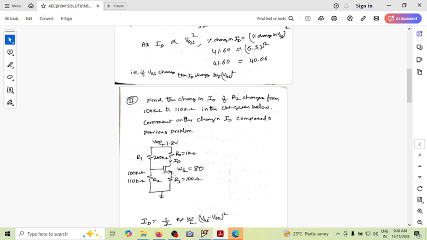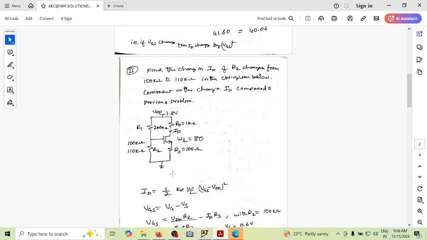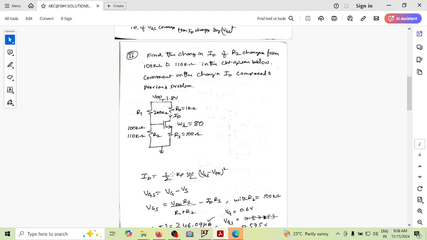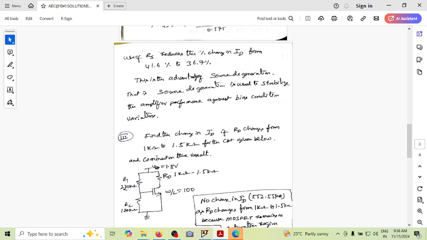And here, with the value of source degeneration, we found that the effect of change in R2 has reduced the change in the effect on your ID because of this source degeneration. And in the third case, we found that this RD is not changing the value of ID because the MOSFET is remaining in the saturation region.